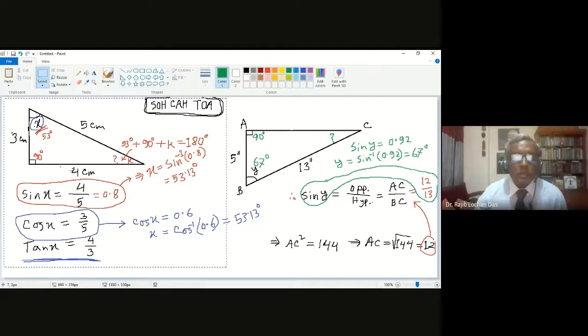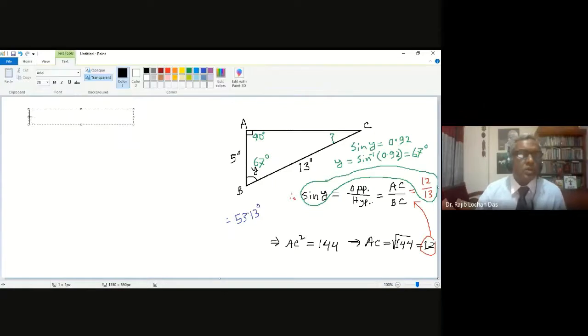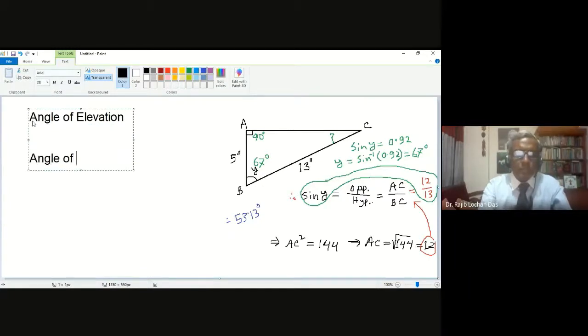Okay. So that is another important thing we wanted to discuss. Now let me tell you another thing, what is called angle of elevation. Another thing is called angle of depression.